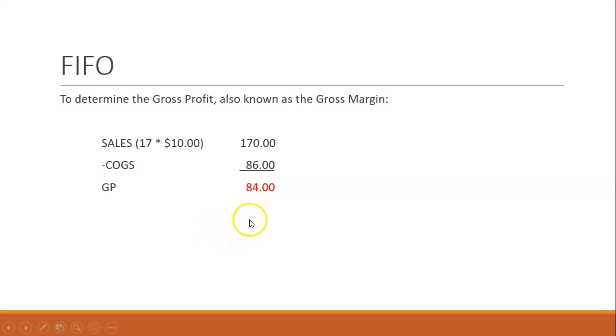So once I subtract, I have $84 of gross profit. If let's say I have $60 of other expenses and I subtract those, I'm going to have $24 of net income if I'm on FIFO.